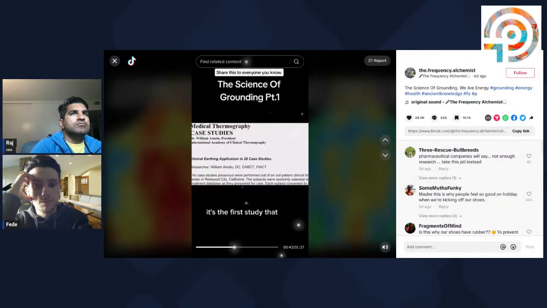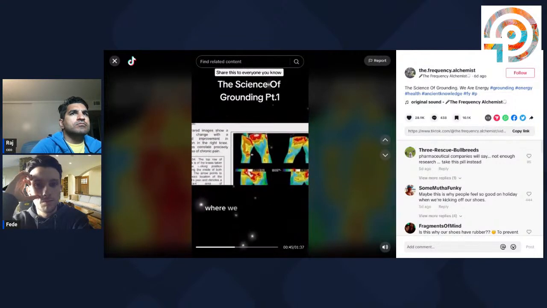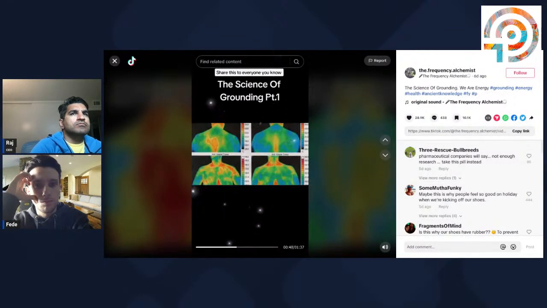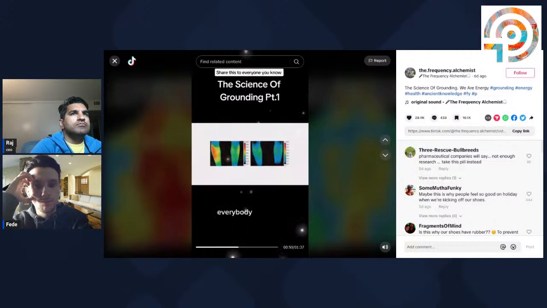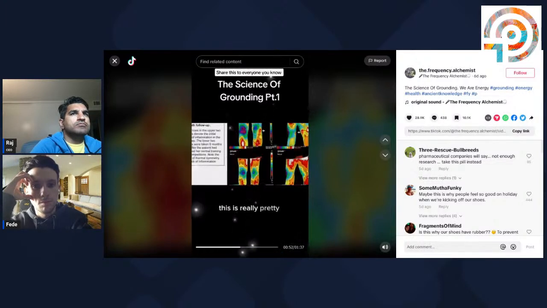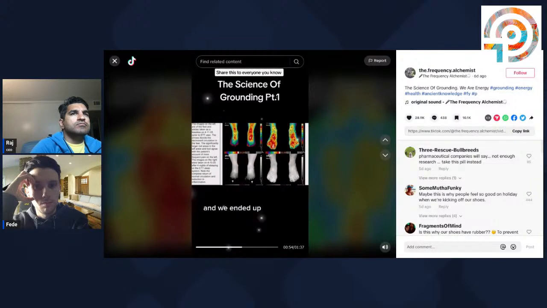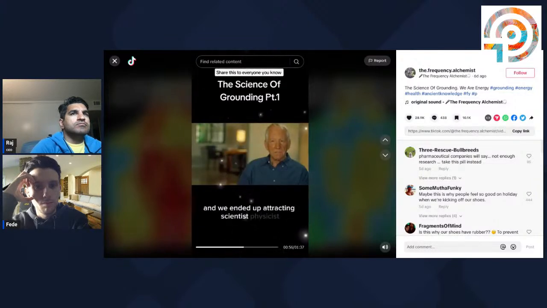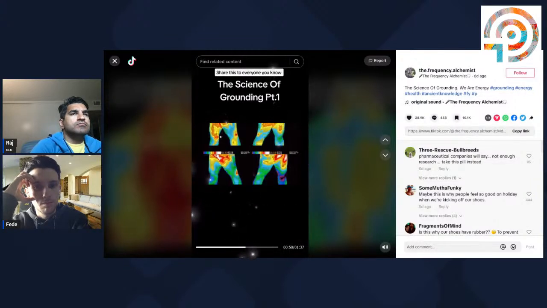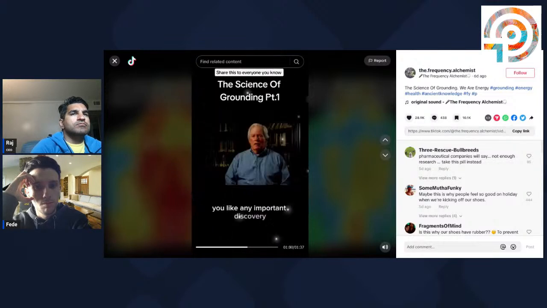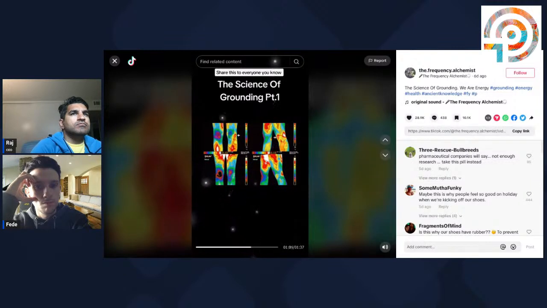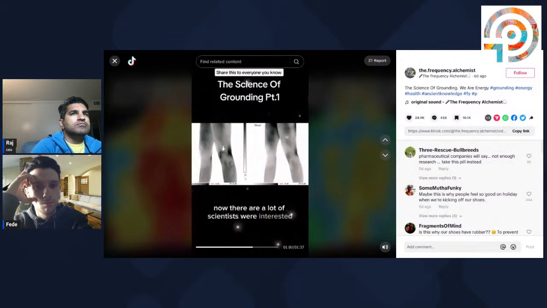It's the first study that I did that was a legitimate study where we had quantifiable data. When they saw the study, everybody said, well, this is really pretty interesting. And we ended up attracting scientists, physicists. Like any important discovery, nobody was interested. They thought he was crazy. Now there are a lot of scientists who are interested.